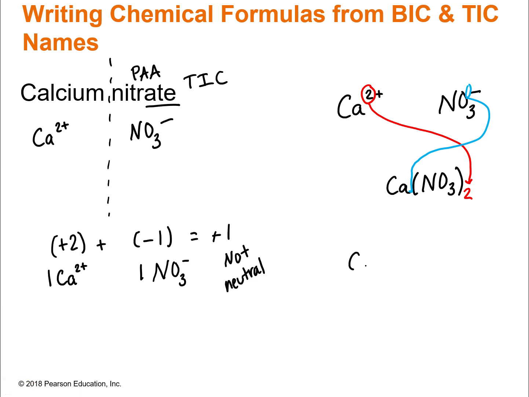So what we would have is Ca(NO3) in parentheses with a 2 on the outside. And that means 1 calcium ion and 2 nitrate ions.